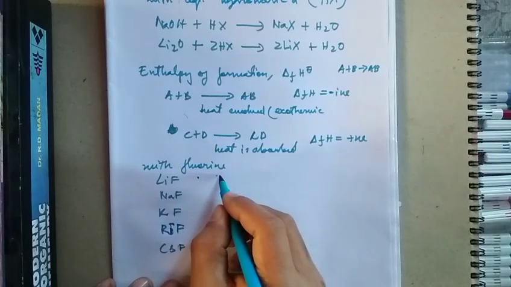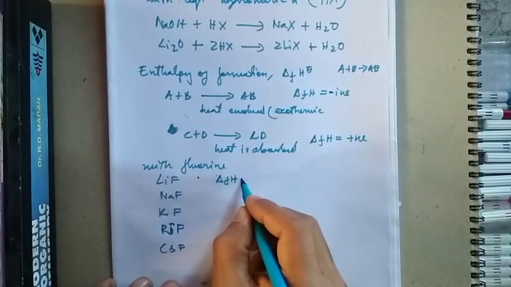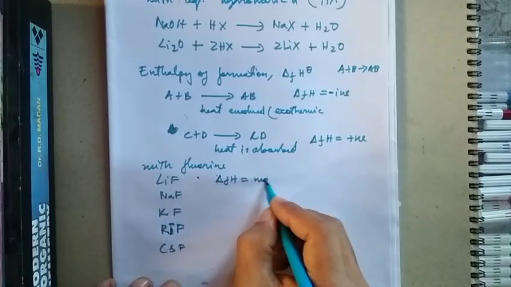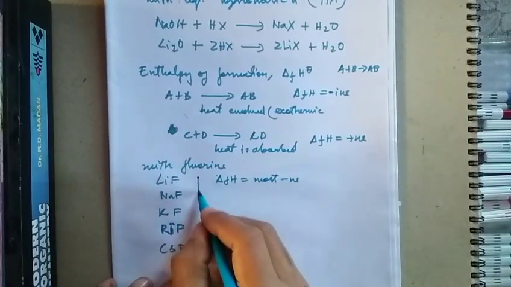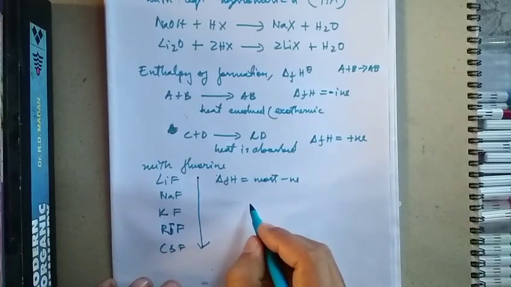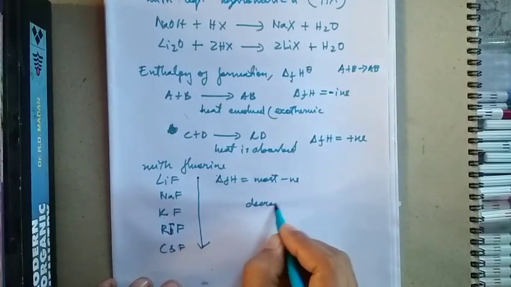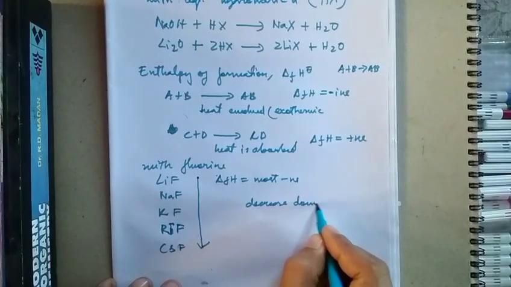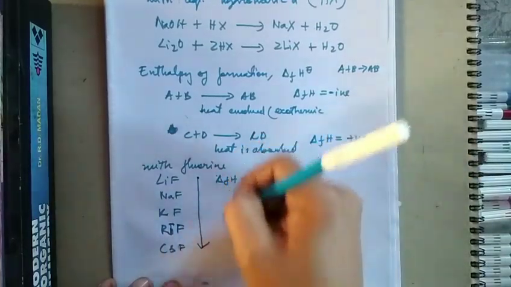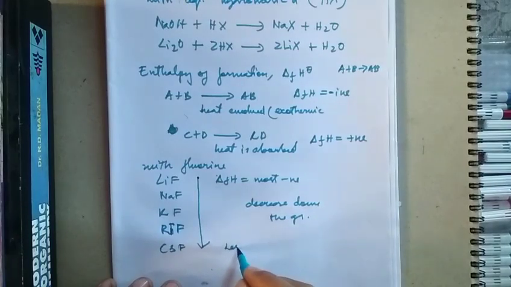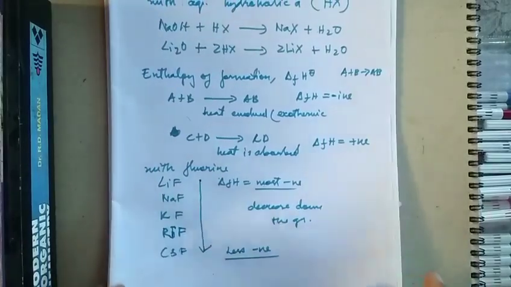This LiF delta HF value is most negative. So it decreases down the group. It decreases in this manner, so this will be most negative, and this less negative.